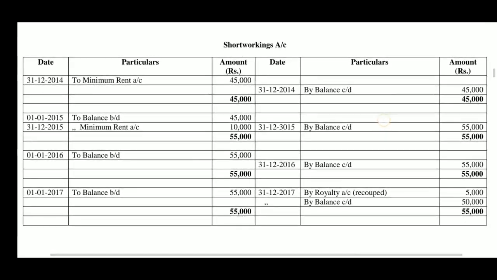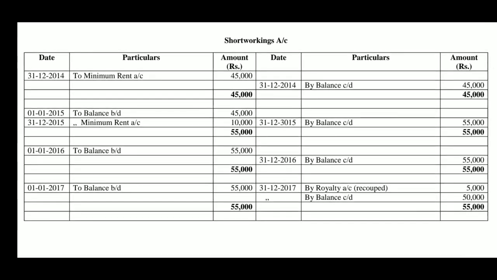Now, in the first year, when minimum rent was transferred, short workings was debited. See, short workings account debtor to minimum rent account with the amount of short workings 45,000. Now, since the lessor has given a right of recoupment to the lessee, it is carried forward.